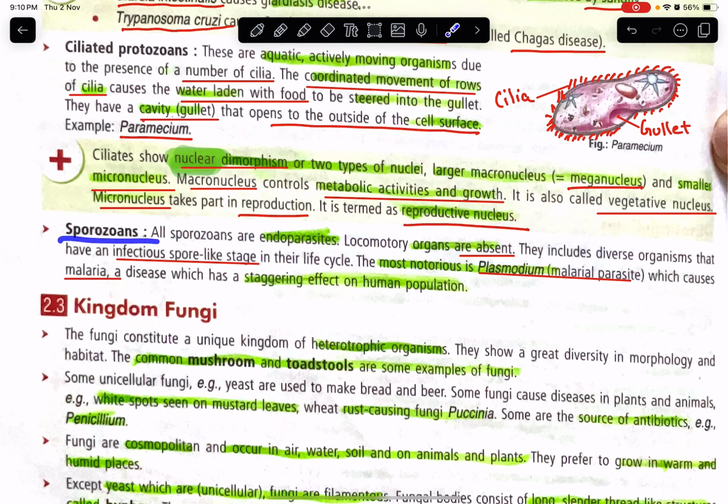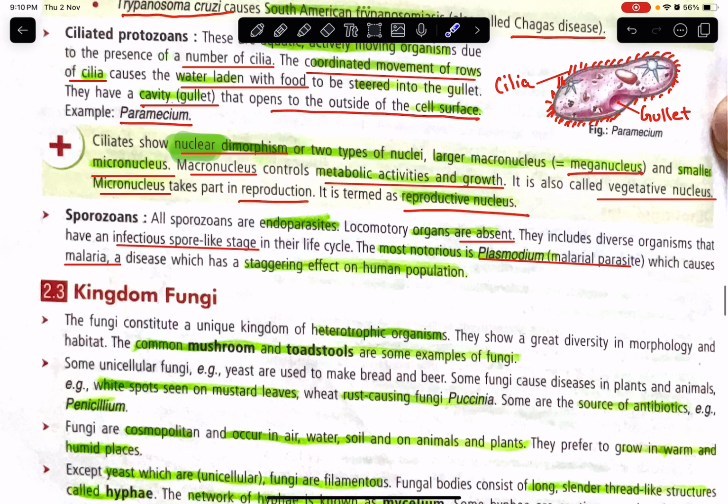Next come sporozoans. All sporozoans are endoparasites. That means they live inside the body of their host. Locomotory organs are absent in sporozoans. Important question: locomotory organs are not present in sporozoans.